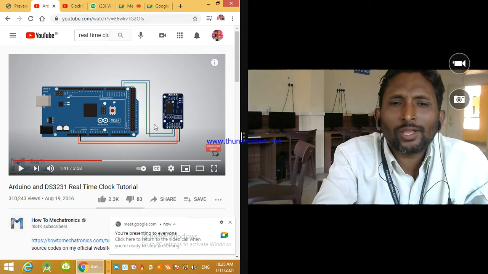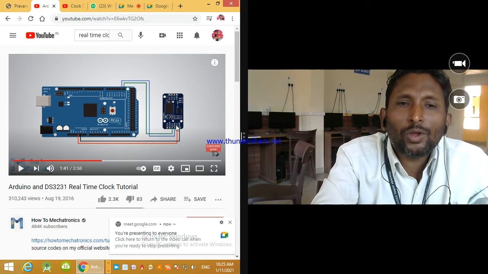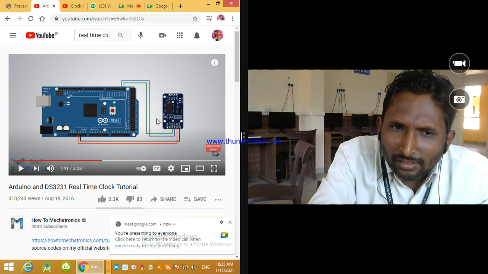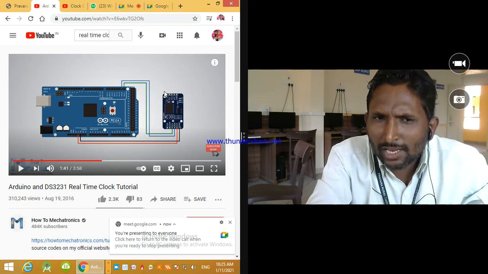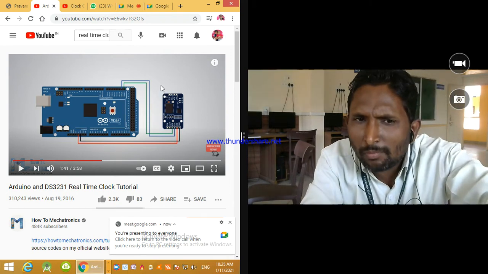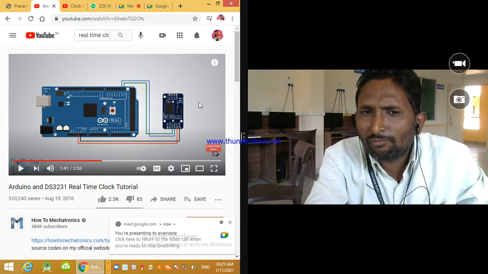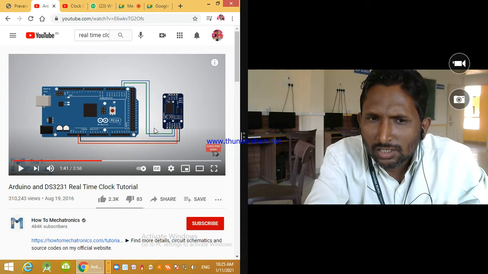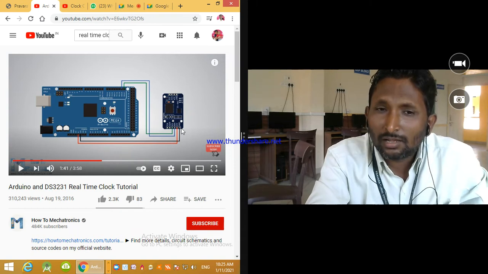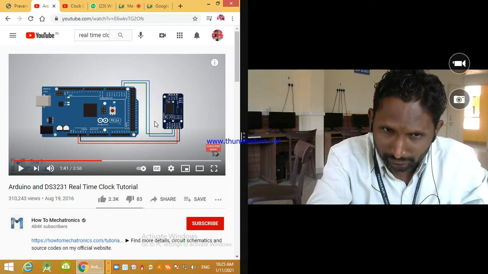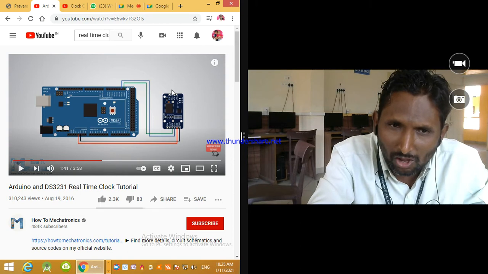This diagram is showing the connections made with real-time clock. The image which I am showing with the help of the cursor of the mouse is nothing but real-time clock.